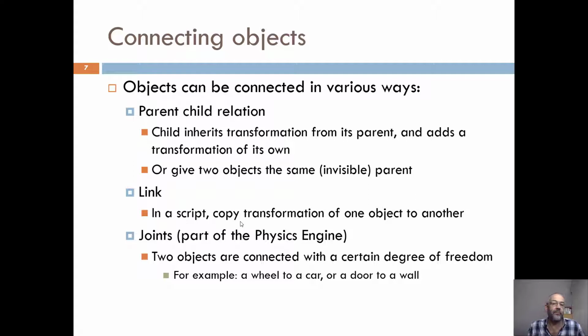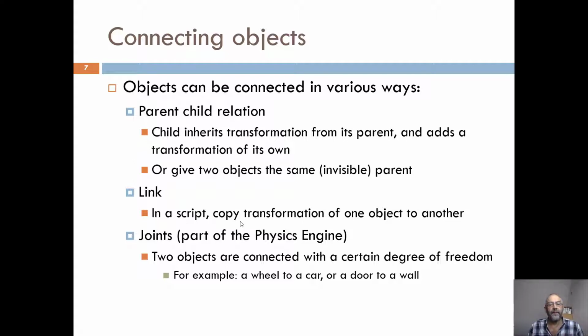That's also a way to connect objects in a script, but not done that often. But the third way is to create a joint. It's part of the physics engine, so you have to use rigid bodies for that, which is not necessary in the parent-child, of course.